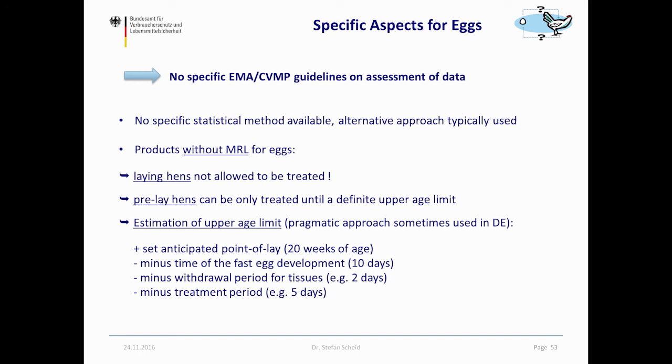One thing is that usually the only commercially available withdrawal period for eggs should be 0 days, because if not, if you're going to throw all the eggs, commercially it's kind of a disaster. However, the statistical method here would be at any time point. You would have to calculate the upper tolerance limit for that time point, and say if it is or not below the MRL.